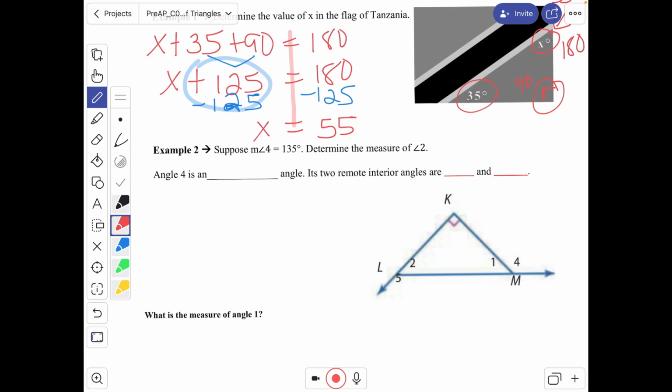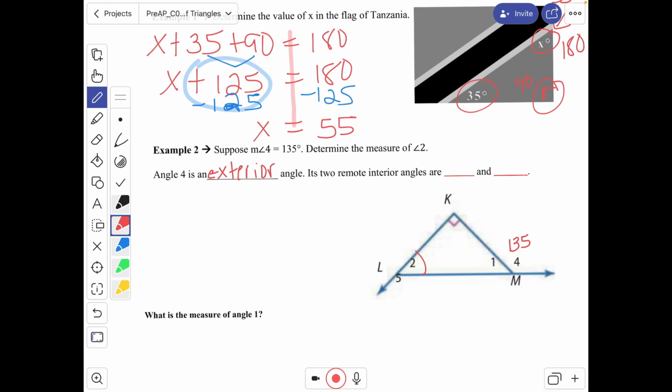Example 2. Suppose the measure of angle 4 is 135 degrees. Determine the measure of angle 2. Well, angle 4 is an exterior angle. He's on the outside of the triangle.